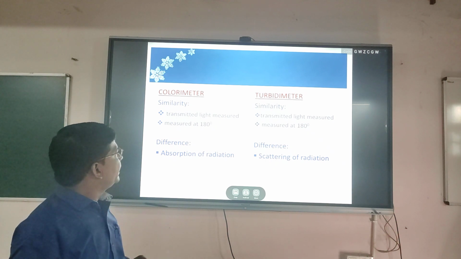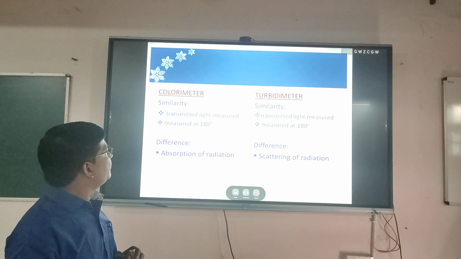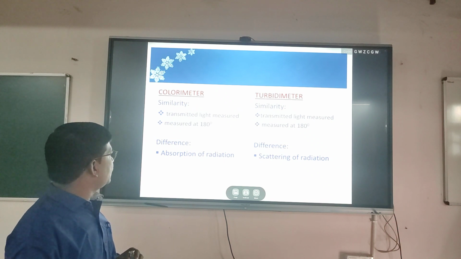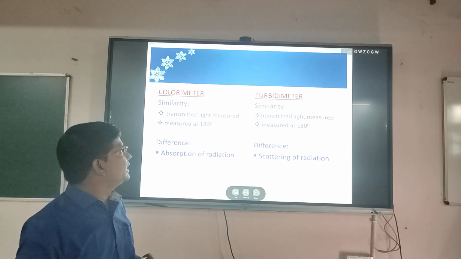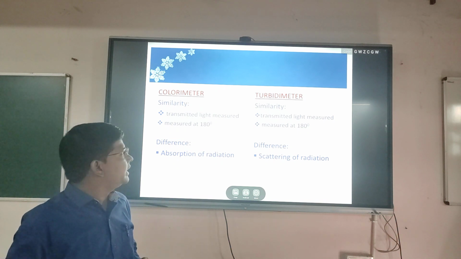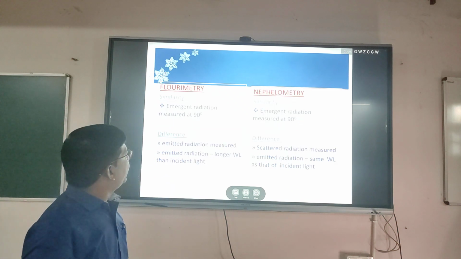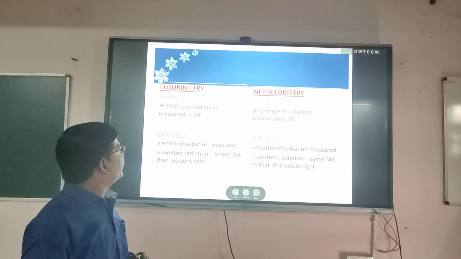So the similarity between colorimetry and turbidimetry is that the transmitted light is measured. In colorimetry, the absorbed radiation is measured, and the difference is that in turbidimetry the scattered radiation is measured.